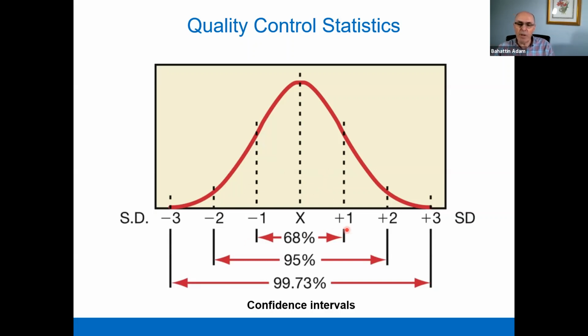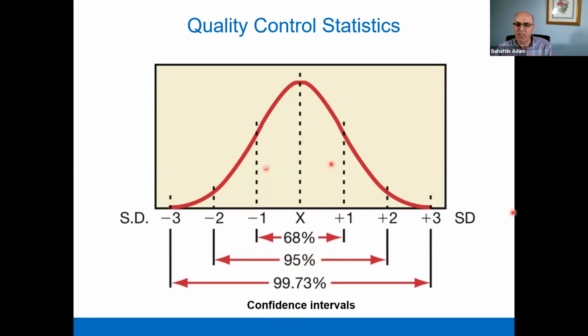If you accept 2 standard deviations, about 95% of your data will fall between this range, and 5% will be out of the range. That means your confidence interval will be 95%.